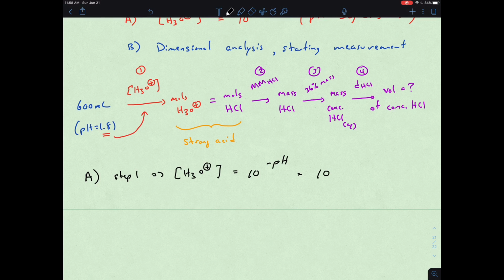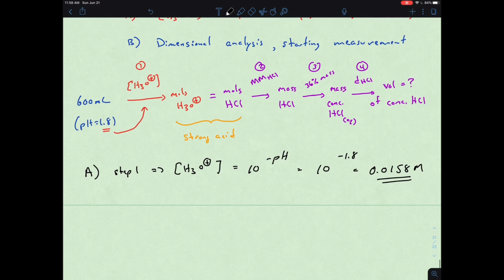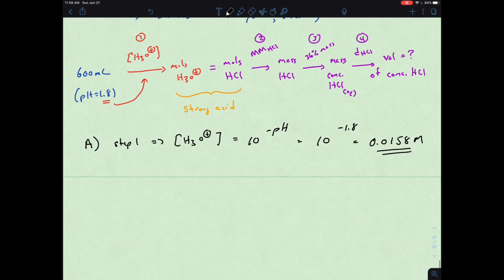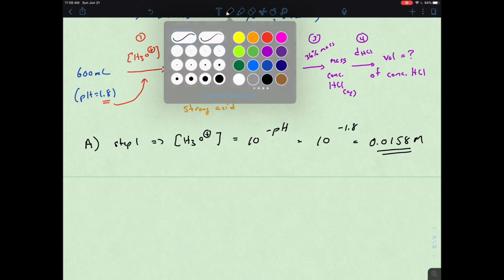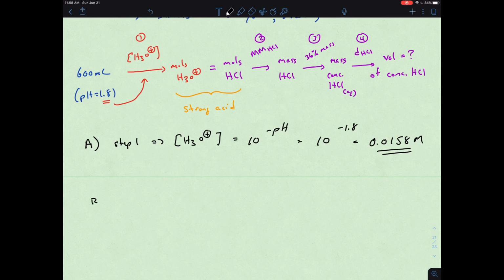And so that would be 10 to the negative 1.8, or a value of 0.0158 molar in terms of my concentration of H3O+. So that's part A. And so now we can start with our dimensional analysis.